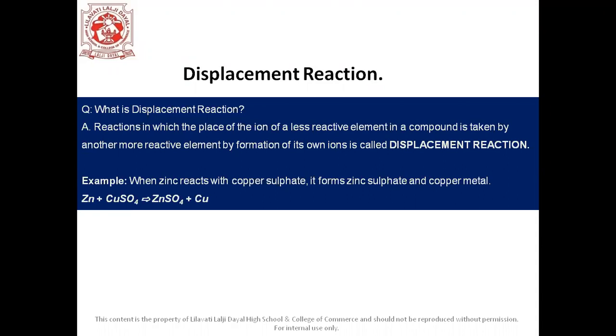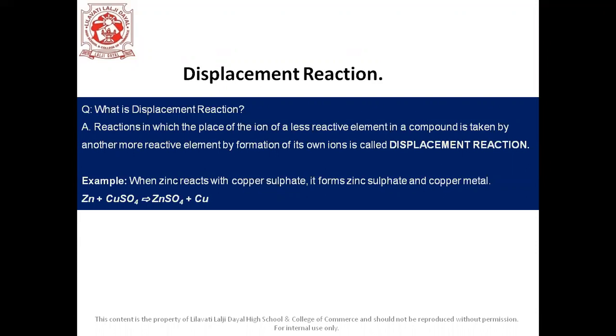We can understand this better by looking at the example. When zinc reacts with copper sulfate, it forms zinc sulfate and copper metal. That is Zn, zinc, plus CuSO4 gives you ZnSO4 plus Cu.